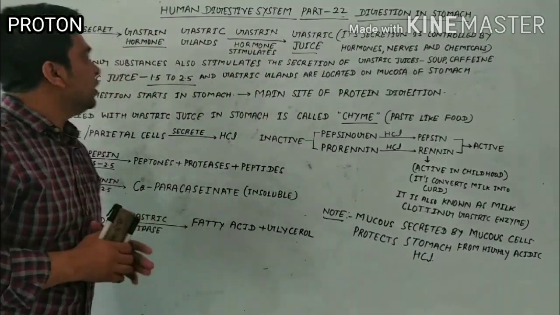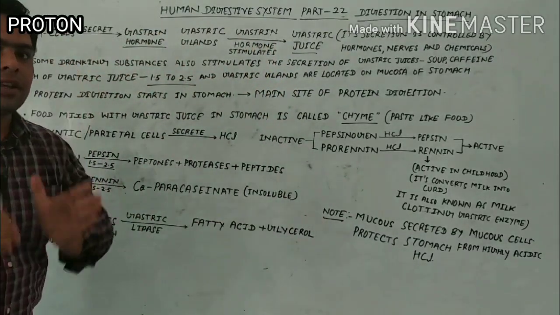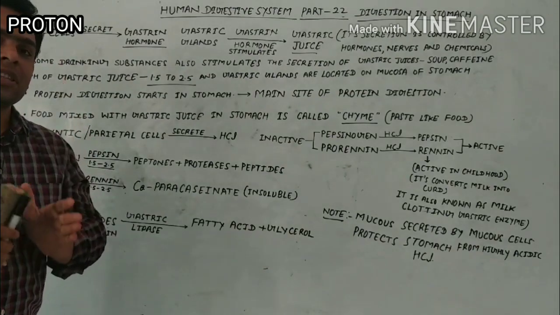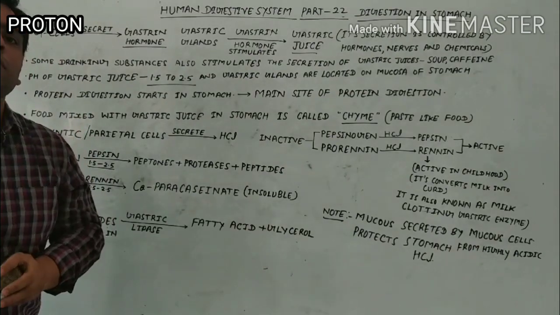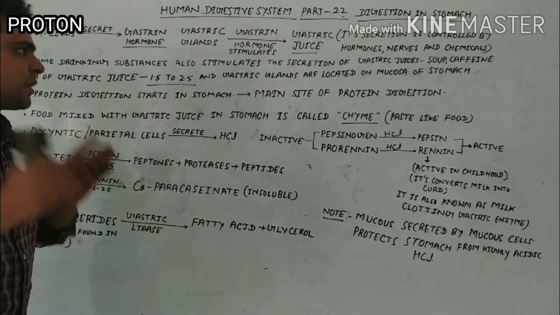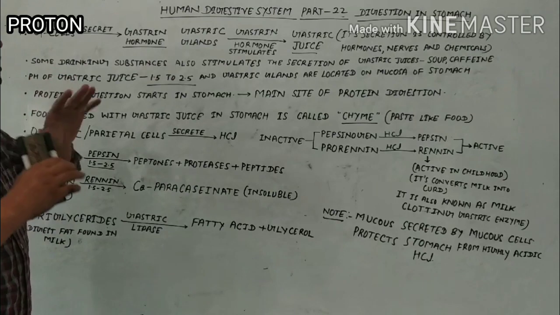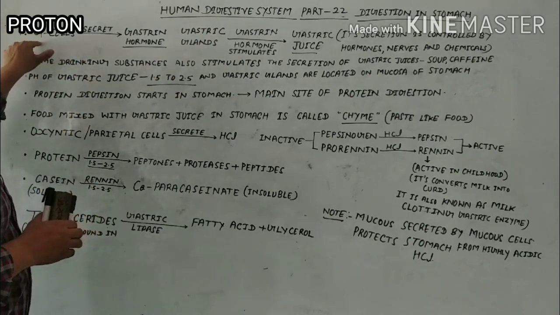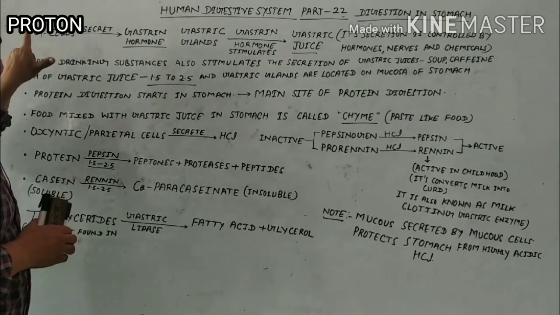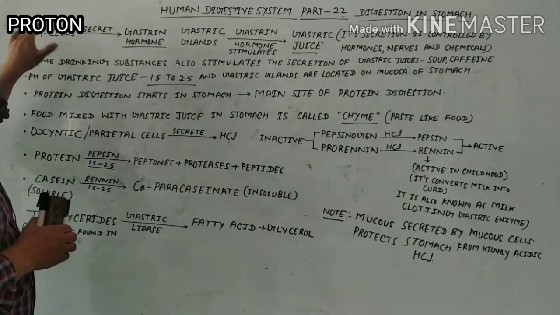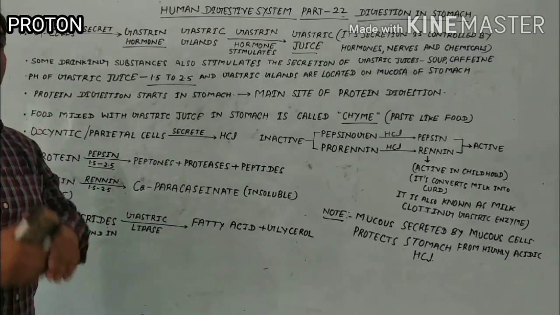So first of all, students, I want to tell you that in our stomach some special cells are found in the wall of the stomach. These special cells are known as G cells. In description we can say these cells are known as gastric cells. In gastric cells a hormone is produced and secreted.